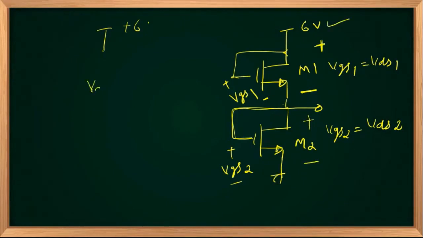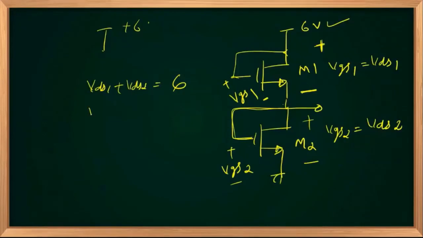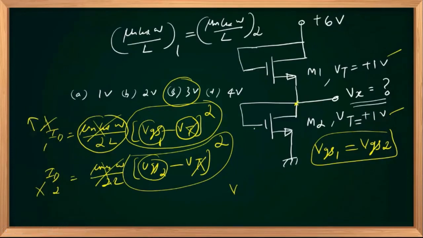So VDS1 plus VDS2 equals 6. And we identified that both VGS1 and VGS2 are the same. That implies VGS1 plus VGS2 equals 6. Both are the same, implies VGS1 equals VGS2. And this is 3 volts.